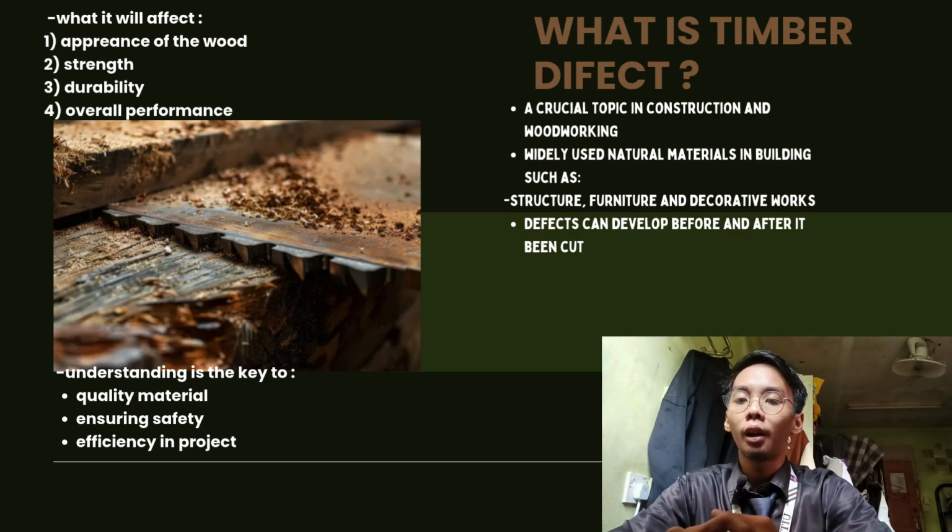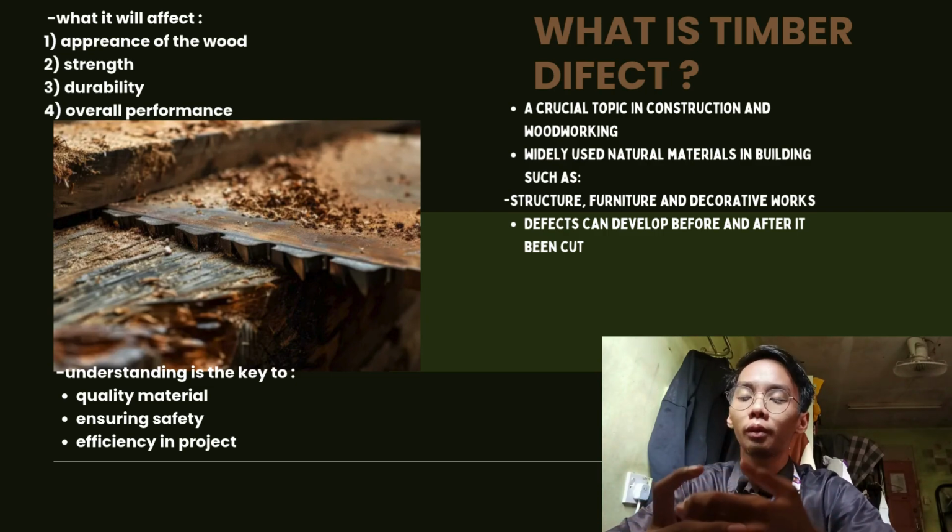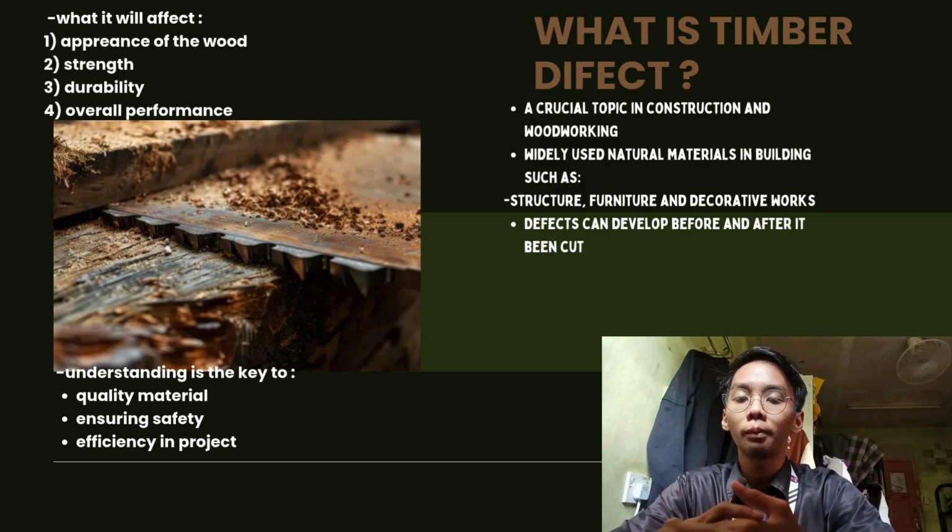These problems are what we call timber defects. They can happen naturally while the tree is growing or even while it's being cut down. If we are not careful enough choosing the right timber, we will end up with bad defects and mess up the whole project.